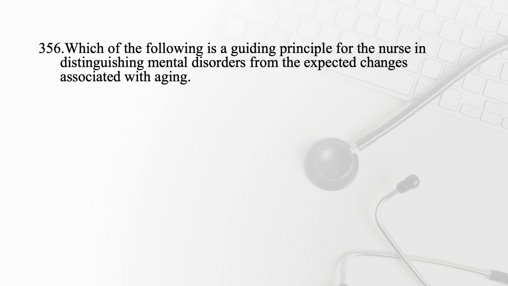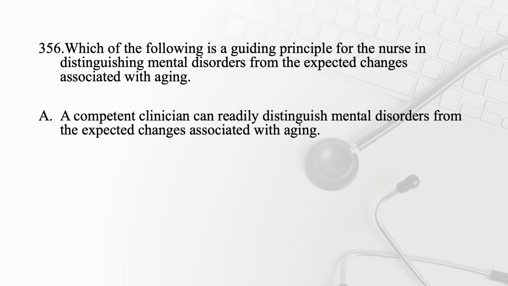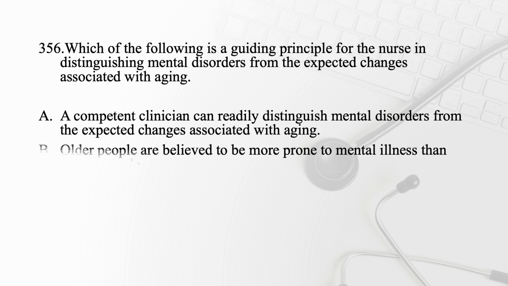Question number 356. Which of the following is a guiding principle for the nurse in distinguishing mental disorders from the expected changes associated with aging? Option A, a competent clinician can readily distinguish mental disorders from the expected changes associated with aging. Option B, older people are believed to be more prone to mental illness than young people.